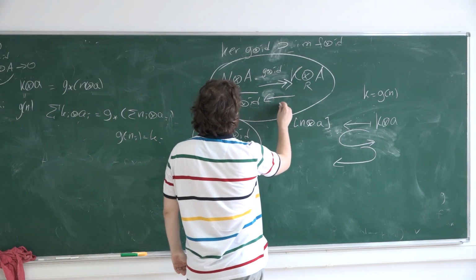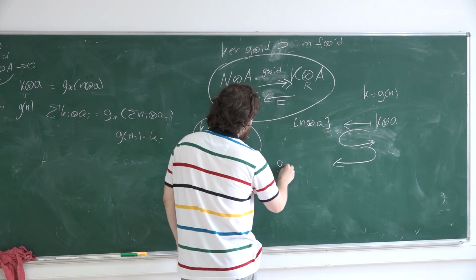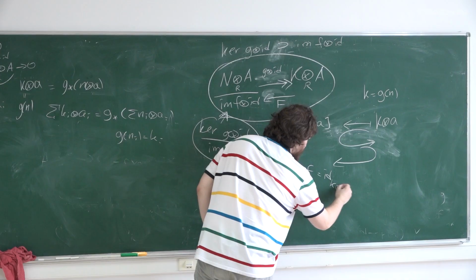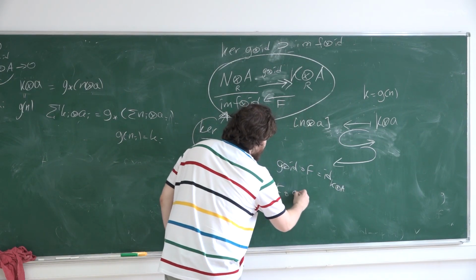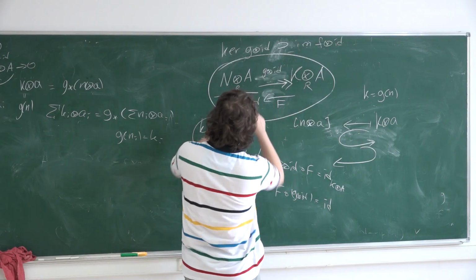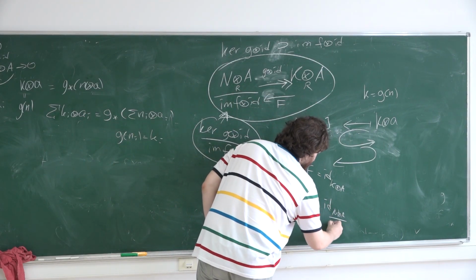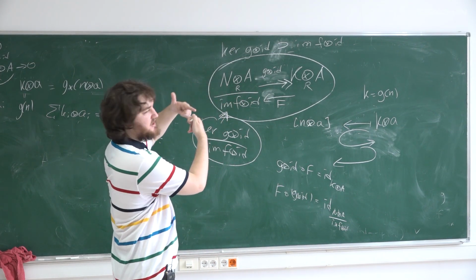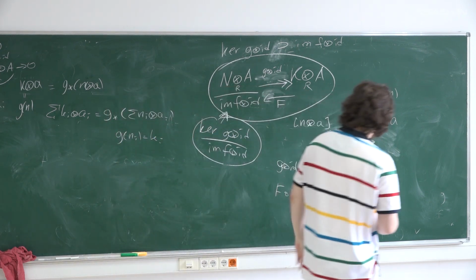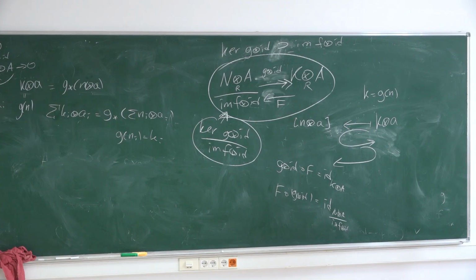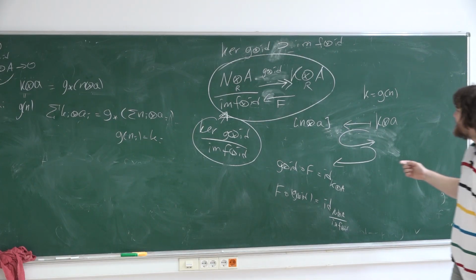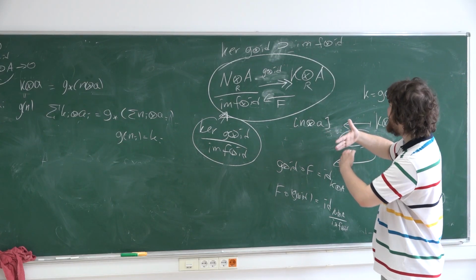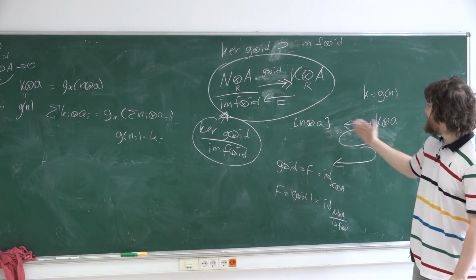I claim that G tensor id F is identity on this group, and this composition is identity on this quotient. So this means that this is the inverse isomorphism. I just construct the inverse homomorphism in a more or less indirect way. We use surjectivity here, and we use that the image is exactly the kernel in the original sequence to check that this homomorphism is correct.